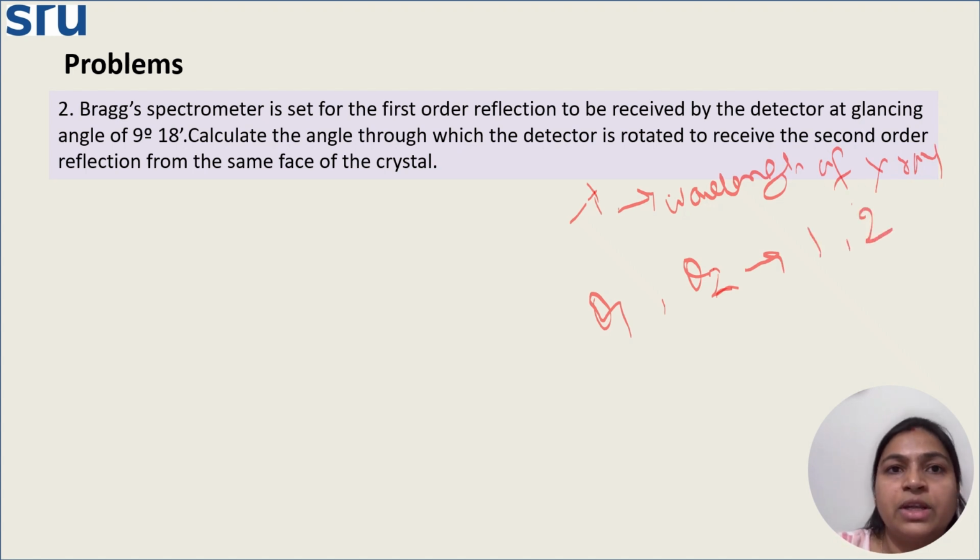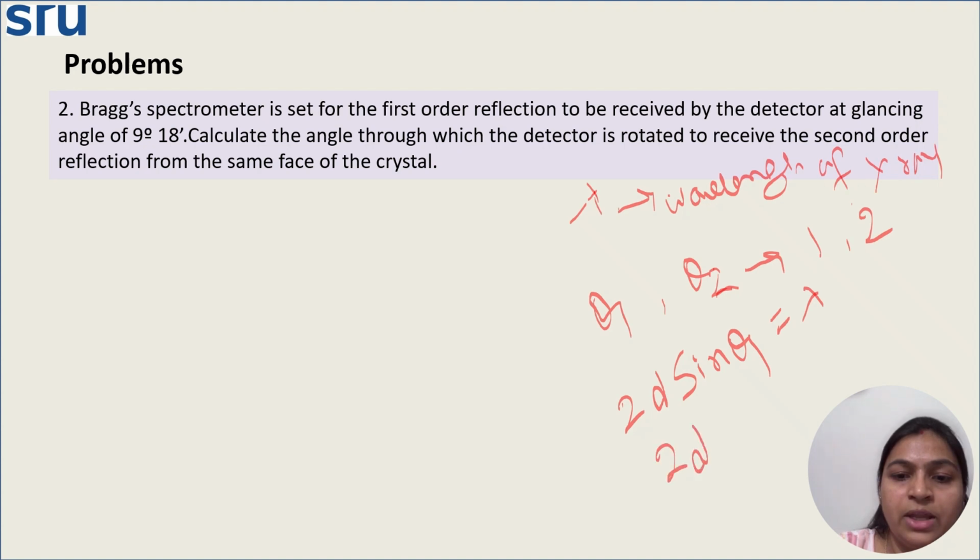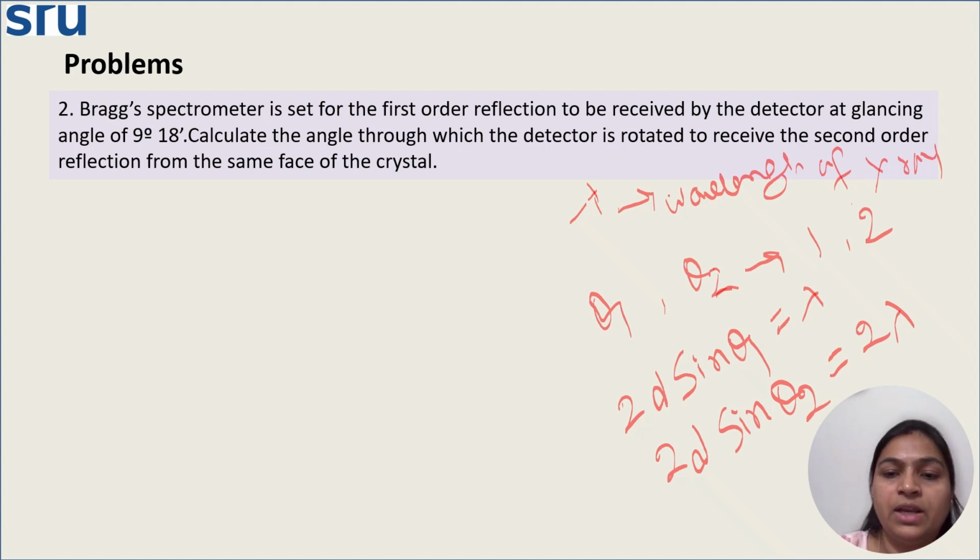So we can write 2d sine theta 1 is equal to lambda, and 2d sine theta 2, that is second order, is 2 lambda. Here it is 1 lambda because it is order n.